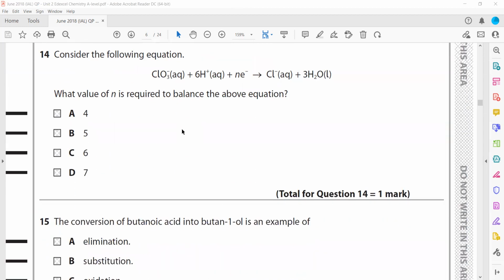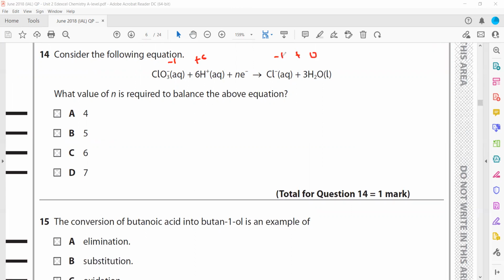In question 14, consider the following equation. The value of n is required to balance the equation. So how many electrons should there be? The total charge on the left and right hand side should be equal. Chlorate has a -1 charge. Hydrogen ion is plus, and 6 are there, so +6. Here we have -1, and water is neutral.